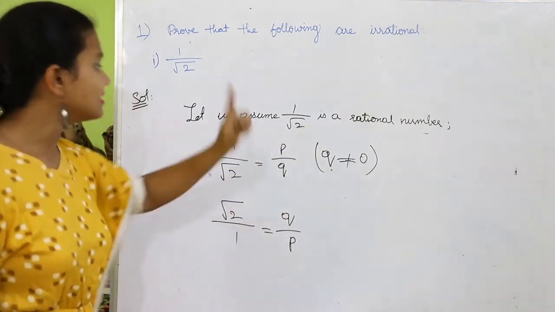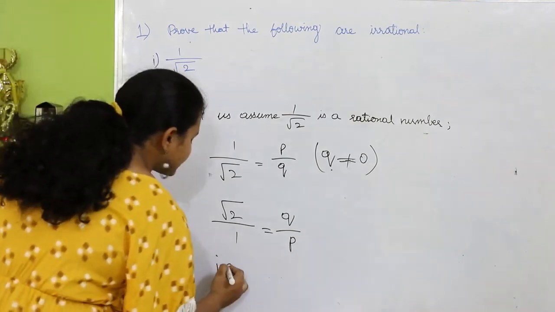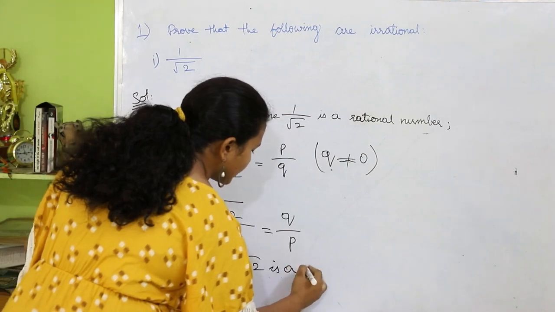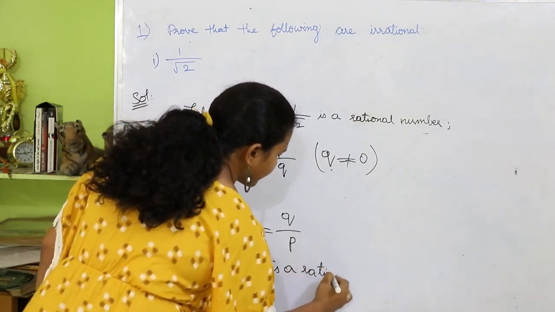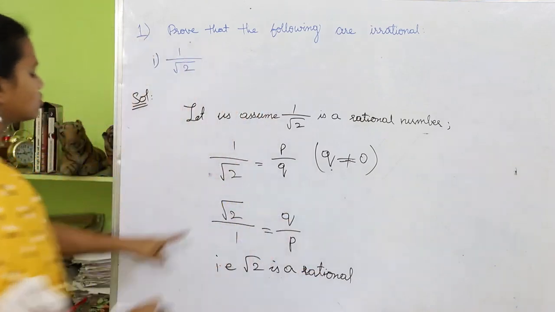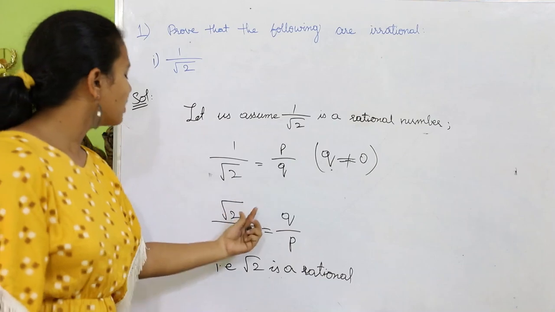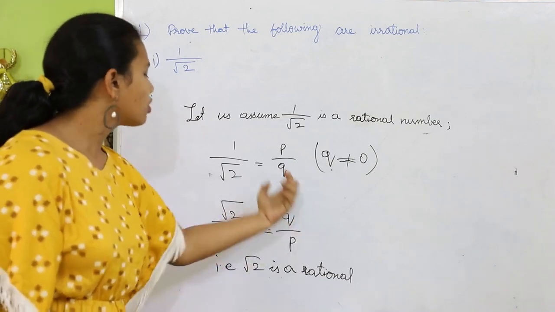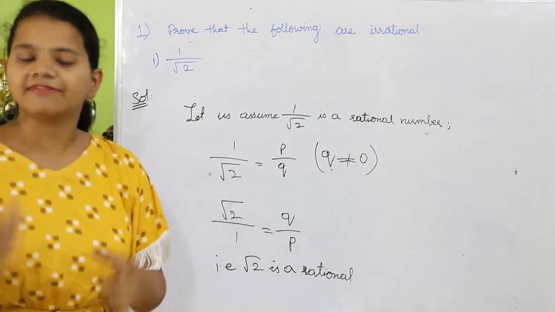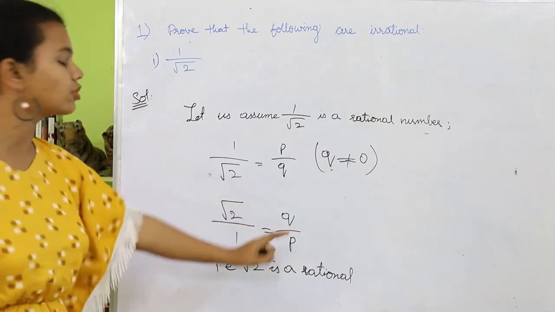We know root 2 is an irrational number, but this shows root 2 as a rational number, because q by p is a rational number. So this is a contradiction. Root 2 by 1 cannot be equal to q by p.